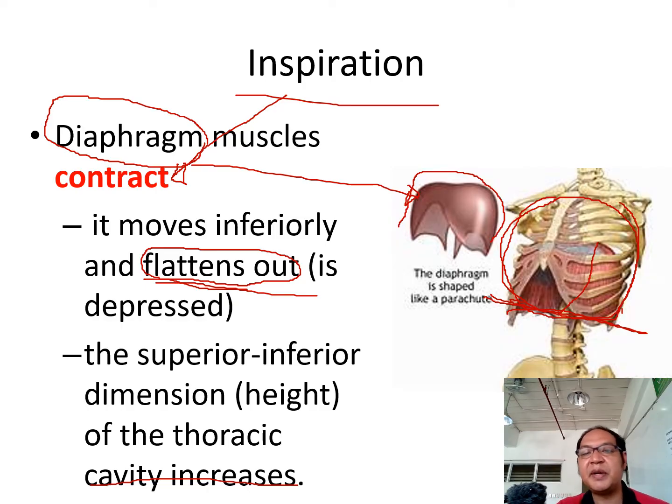So there will be a greater space for the lungs to expand during inspiration. Let's sum up. During inspiration, the diaphragm contracts and flattens out, and the superior and inferior dimension of the thoracic cavity increases. The lung expansion will be easier and greater.